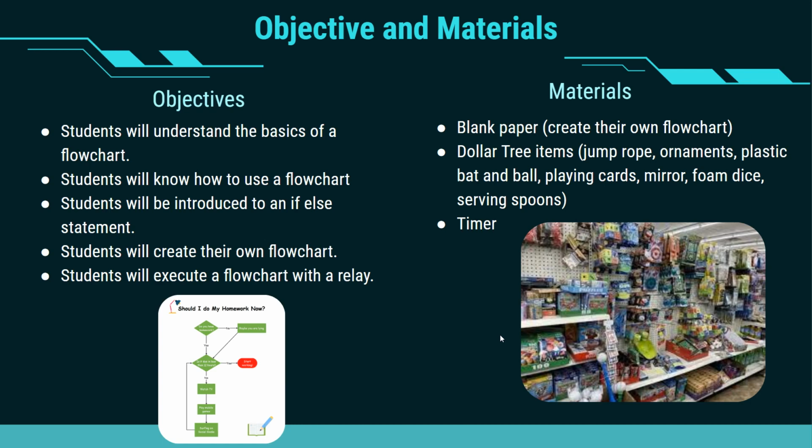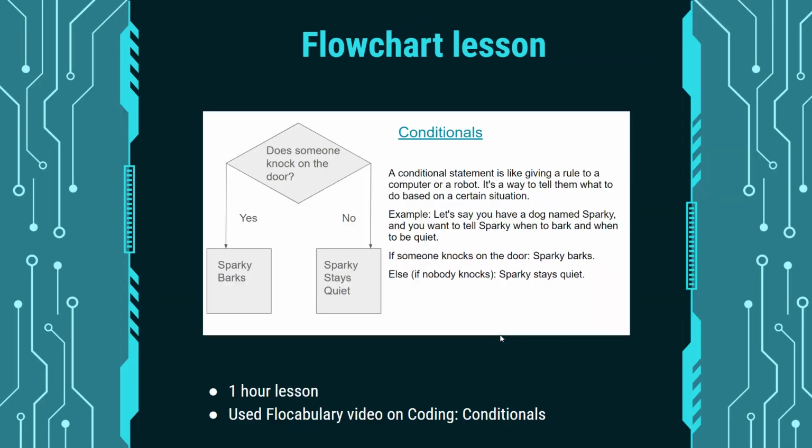The materials I needed for this, because this is an unplugged activity, I used blank paper so that they can create their own flow chart, and I also used Dollar Tree items, which we'll get to later, for their flowchart relay. So in the lesson, one of the main things I did want to talk about is conditionals.